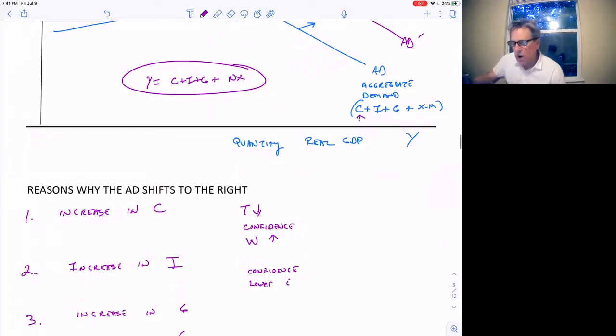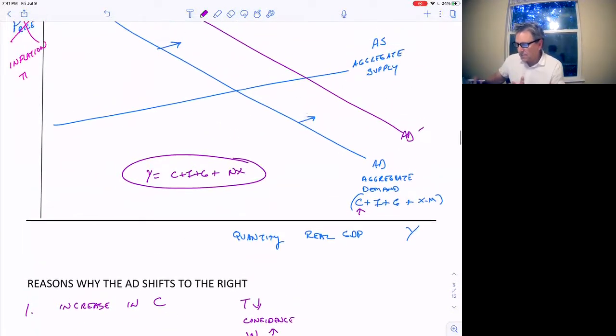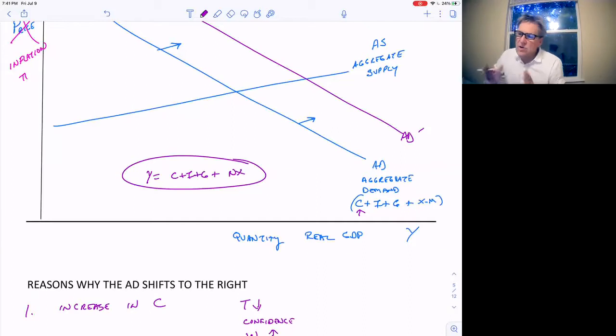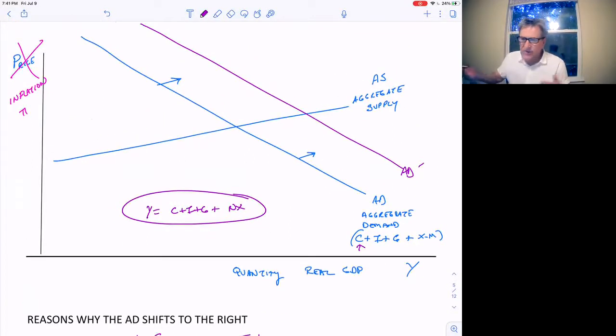The aggregate demand curve shifts to the right if any of those increase. If consumption goes up or investment spending goes up, it shifts the curve to the right. If any of those go down, it shifts the aggregate demand curve to the left. So remember, a change in the inflation rate will cause a movement along the curve.